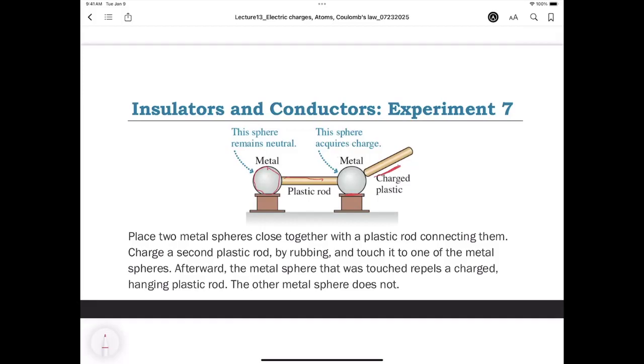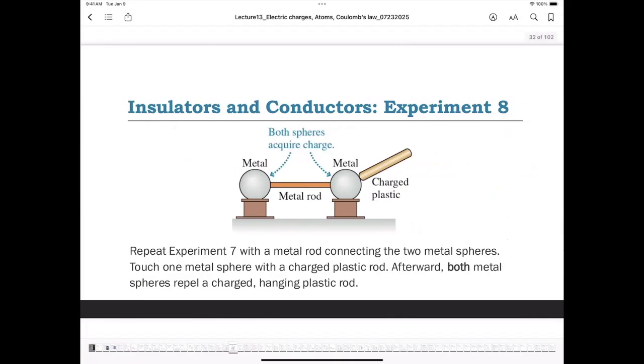Afterward, the metal sphere that was touched repels a charged hanging plastic rod, but the other metal sphere does not. Let's explain why.